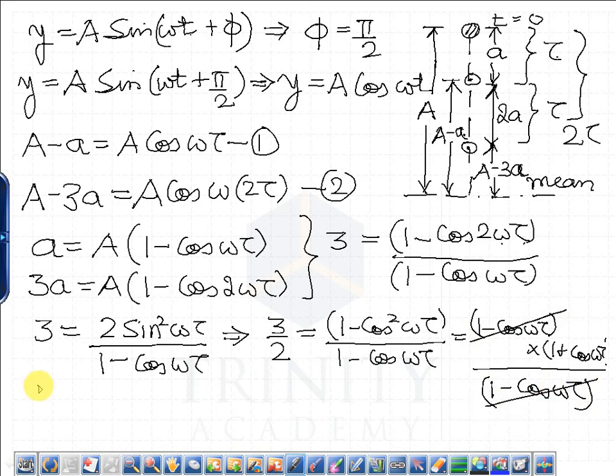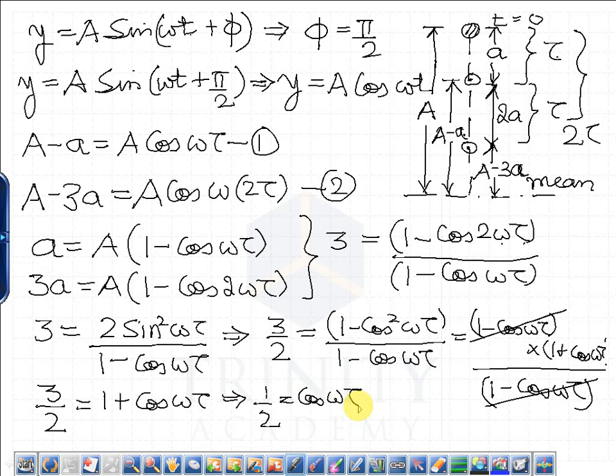So we are now left with 3 by 2 is equal to 1 plus cos omega tau. That gives us 3 by 2 minus 1, that would be half, equal to cos omega tau. So on solving, we get omega tau is equal to pi by 3.